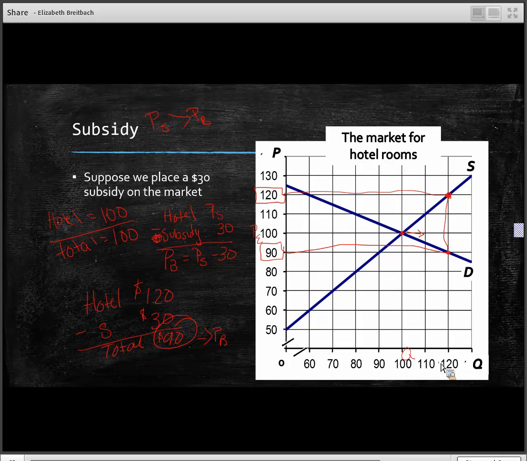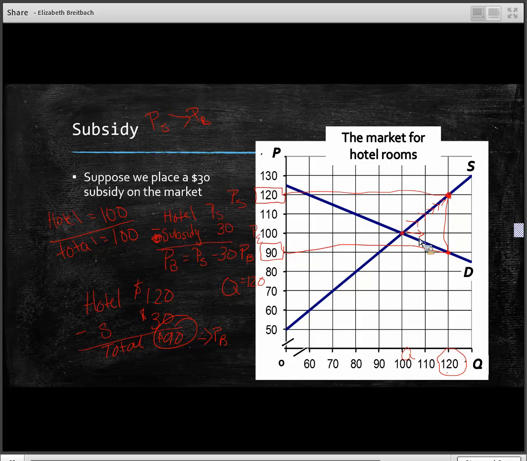Price sellers receive is greater than the price buyers pay, and at those higher prices, sellers are happier about the situation, so the quantity they supply goes up. Demanders are happier about their lower price, so the quantity they demand increases, and we move from 100 units to 120.